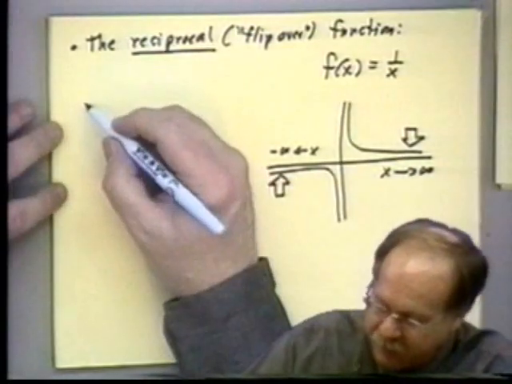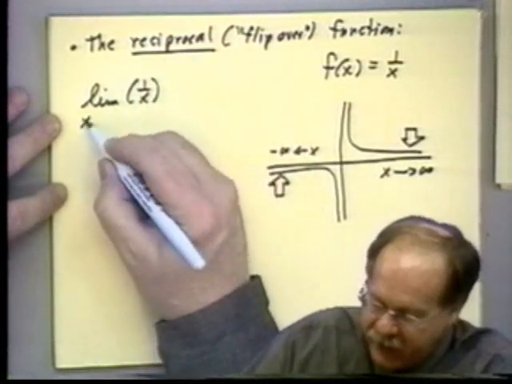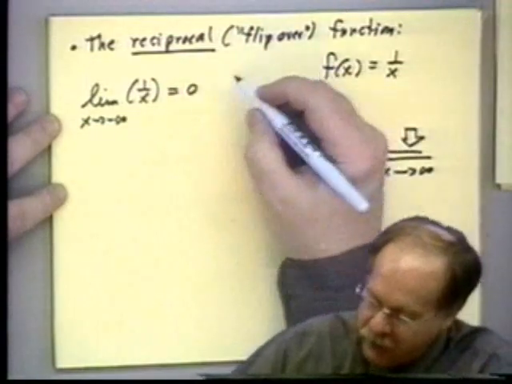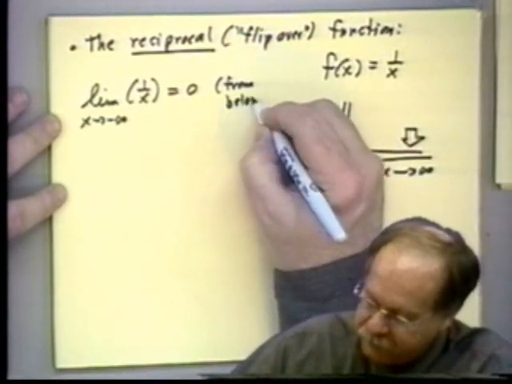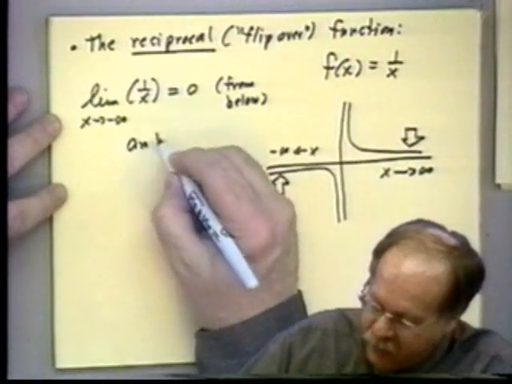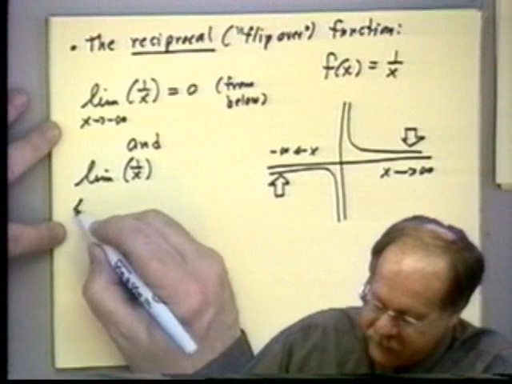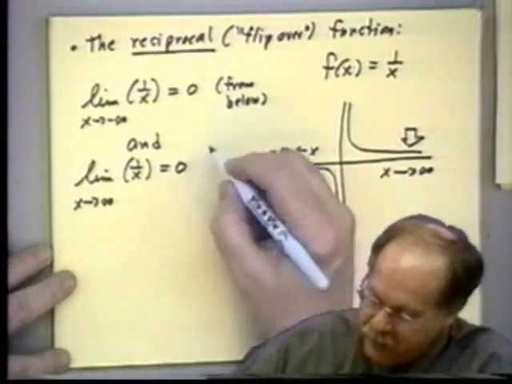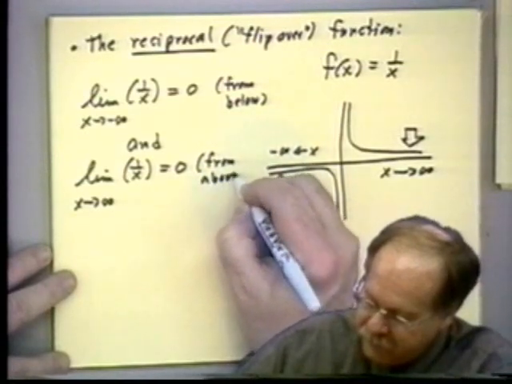So that's worth mentioning. The limit of 1 over x as x approaches minus infinity is equal to 0, and I'll go ahead and mention from below. And likewise, the limit of 1 over x as x approaches infinity, that's far to the right, approaches 0, but this time it approaches from above.